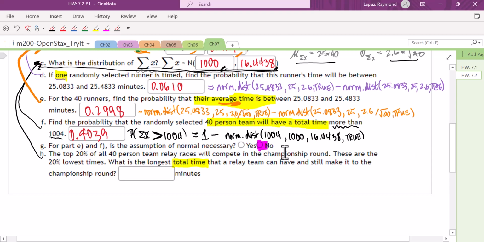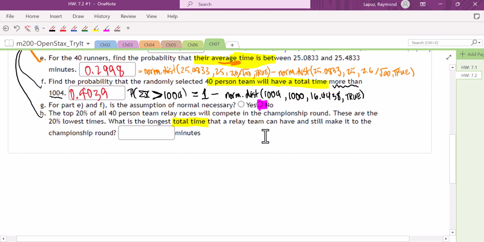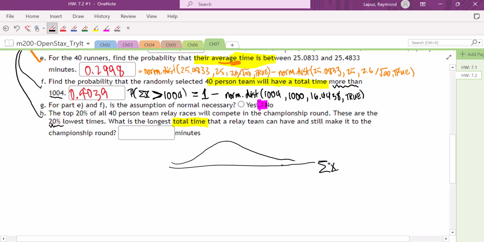All right. The other thing to note for this particular problem is that we're given a percentile, a percentage, and we're looking for the lowest 20%. So if we were to draw a distribution, and this would be the sum distribution, where we found the mean to be 1,000 and the standard deviation to be, I think it was 16.44 or something like that.